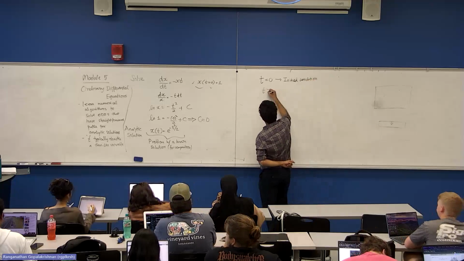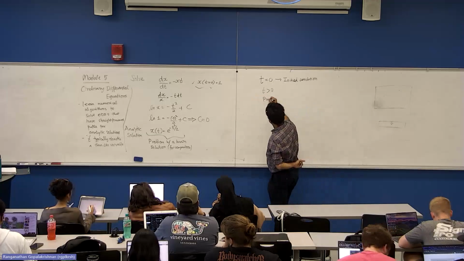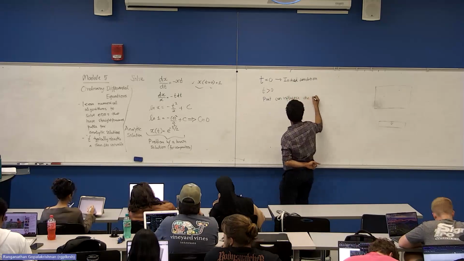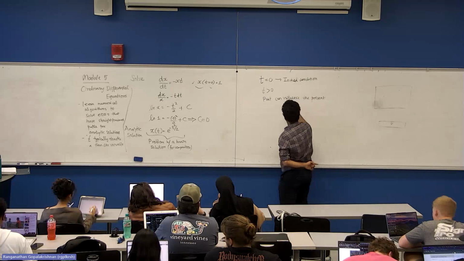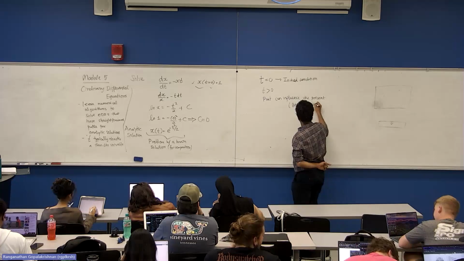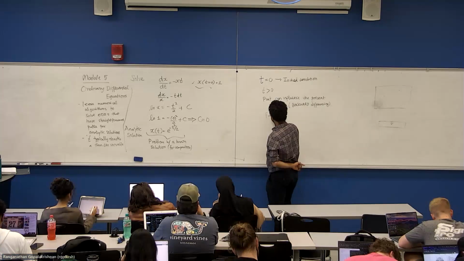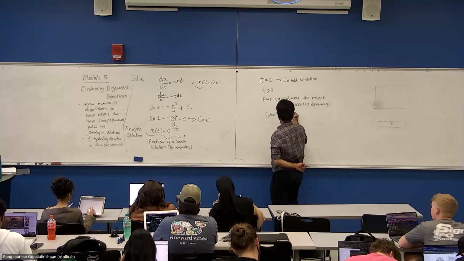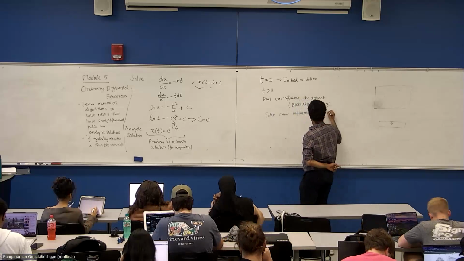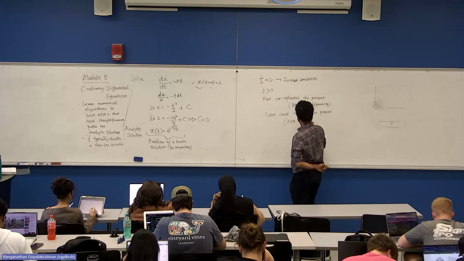Time only increases or goes in the positive direction, and the past can influence the present, meaning we use backward derivative or backward differencing, and the future cannot influence the present, meaning we are not going to do forward or central differencing in here.